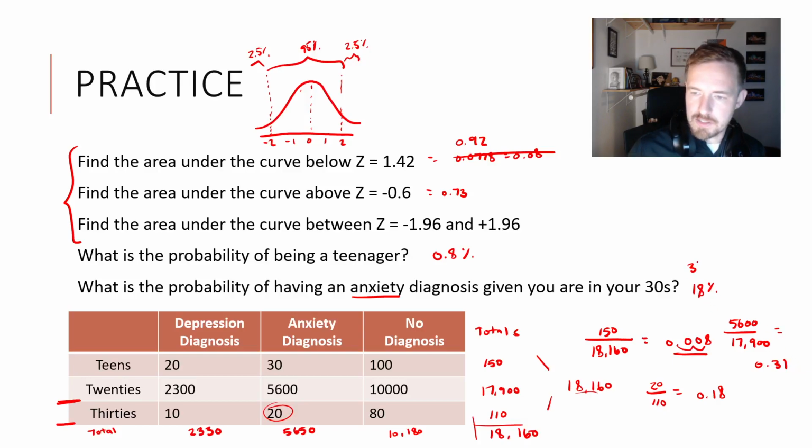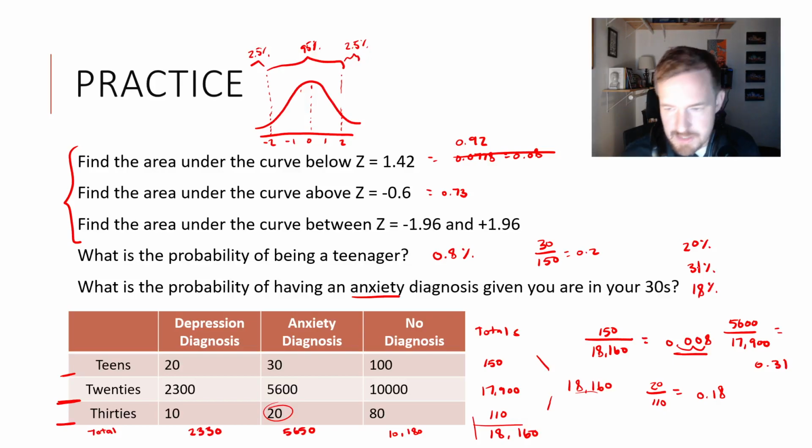So that's 31% for the 20-year-olds. And what about for the teenagers? This one is also a little bit easier. It's just 30 over 150. So 30 over the total number of teenagers. 30 divided by 150 is equal to 0.2. And that is 20%. Okay.